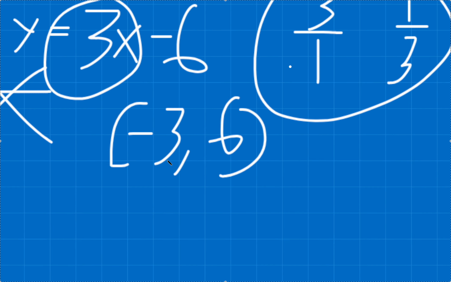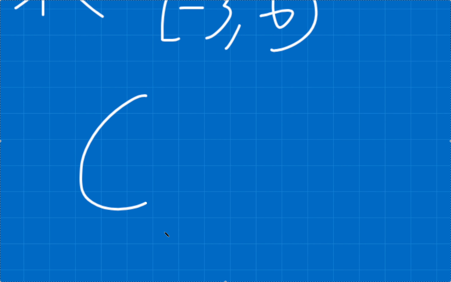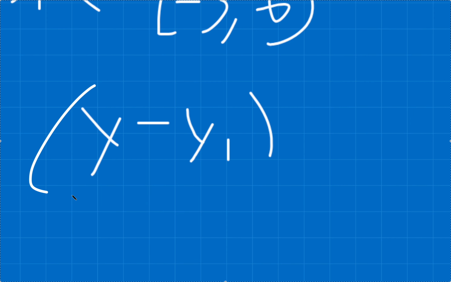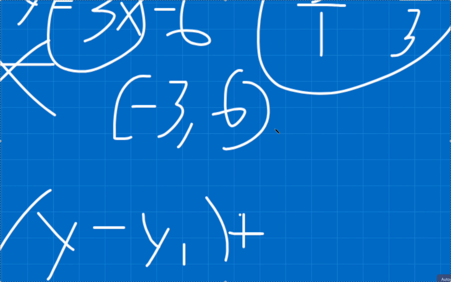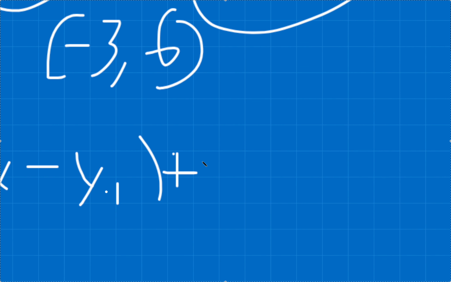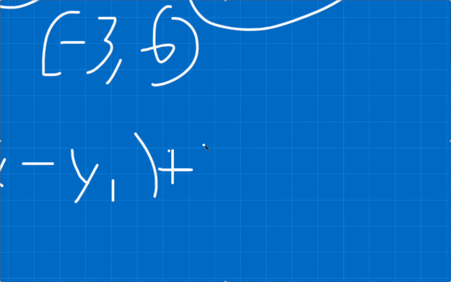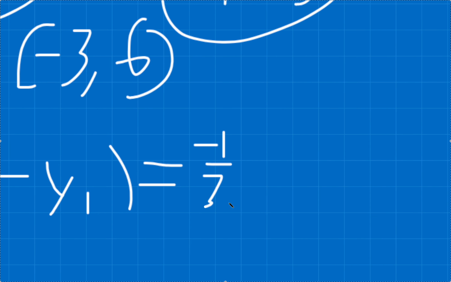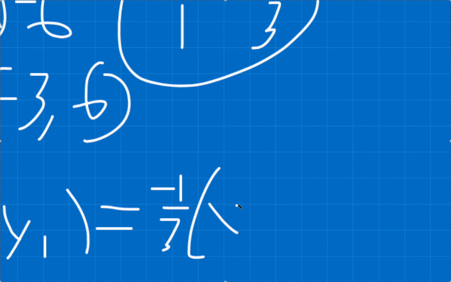But let's figure it out using this handy formula, y minus y1 equals -1/3, because this is our slope, times x minus x1.